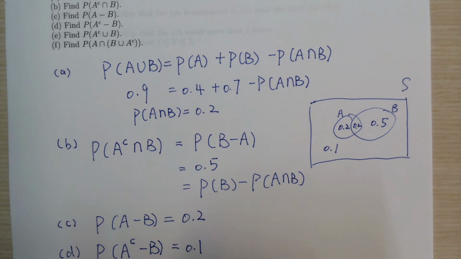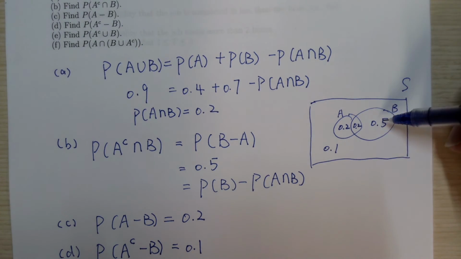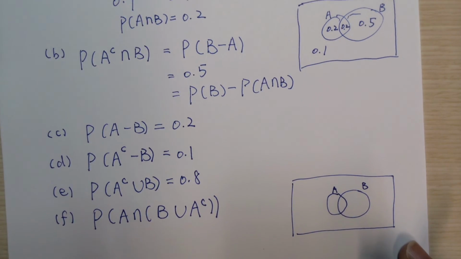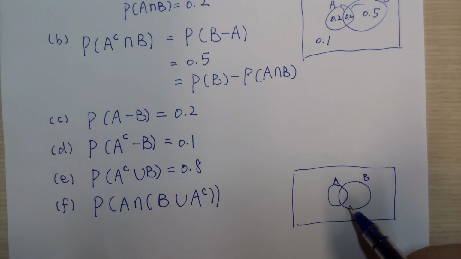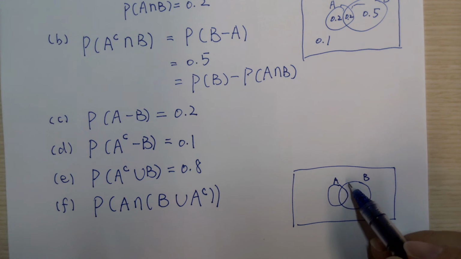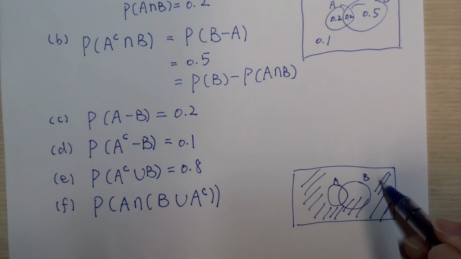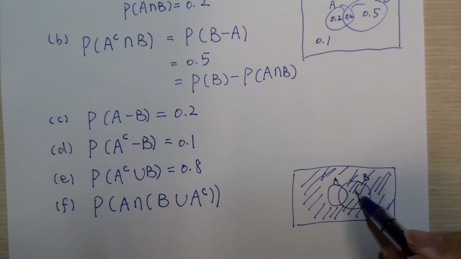Let me draw another one, so this is B, this is A. A complement is this part, which is all of this part.